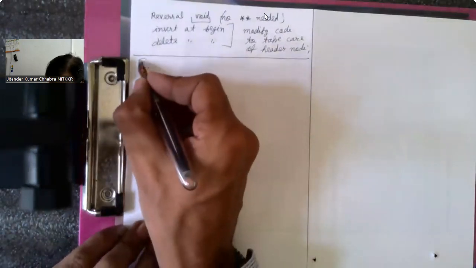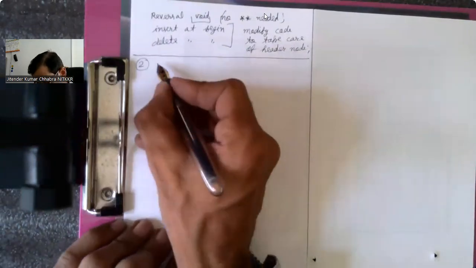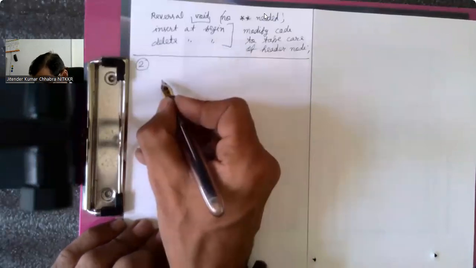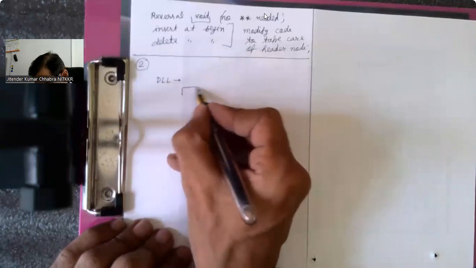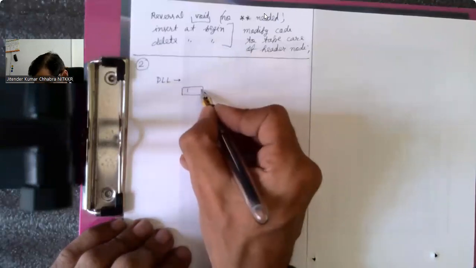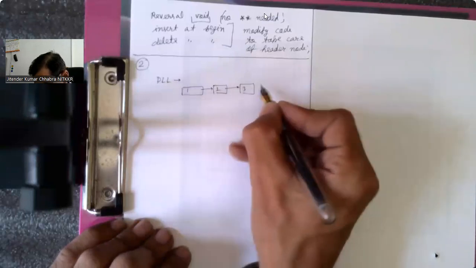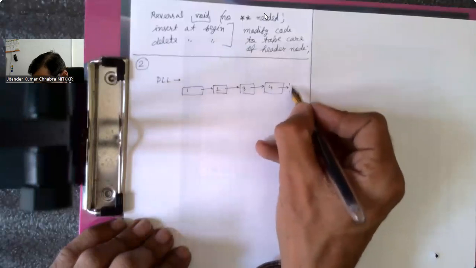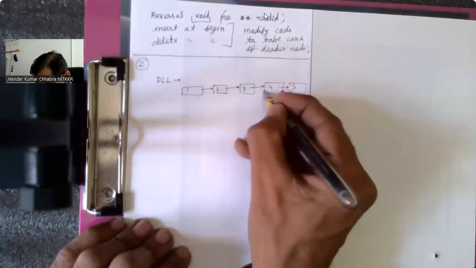Second concept. We also have another additional concept, which I will explain via an example. Like I said, in case of a doubly linked list, say I had data 1, 2, 3, 4, and then 5, and reversely also linked.